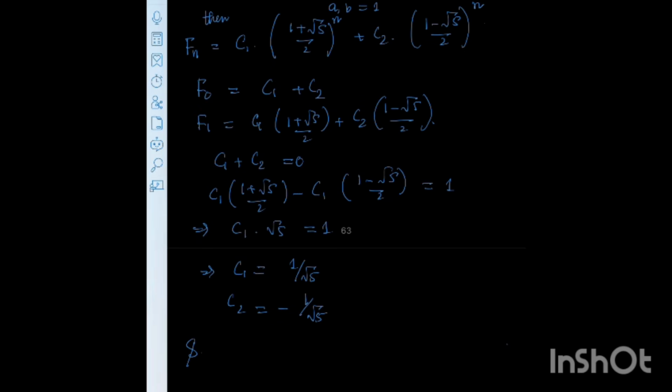So the general term is f(n) equals (((1 plus root 5) by 2) to the power n minus ((1 minus root 5) by 2) to the power n) divided by root 5.